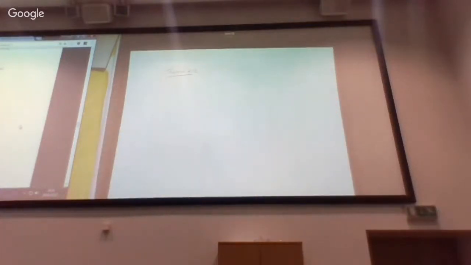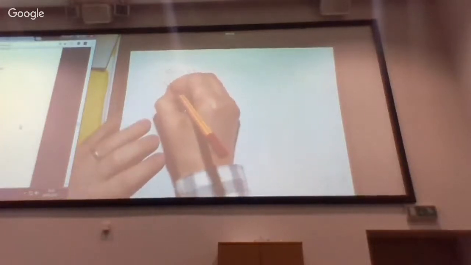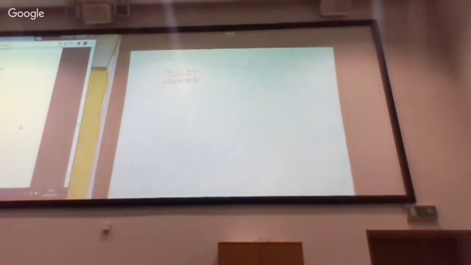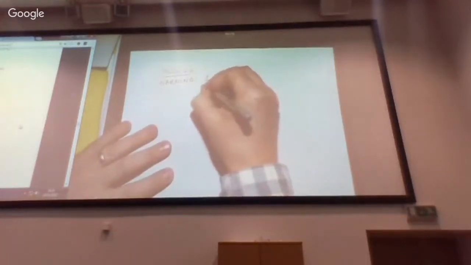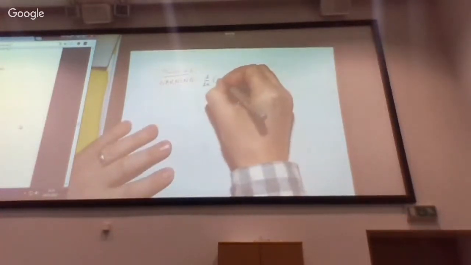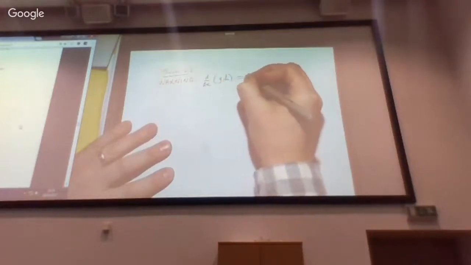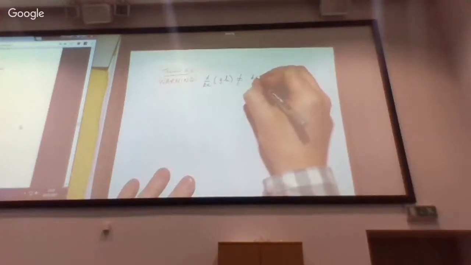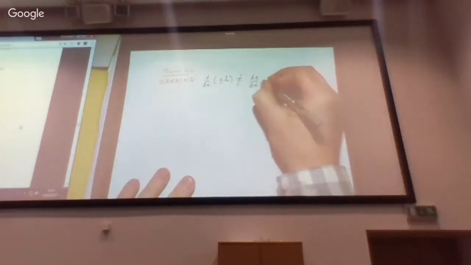We'll do it in red. What is the derivative not equal to? It is important to say that the derivative of g times h is not equal to the derivative of g times the derivative of h.